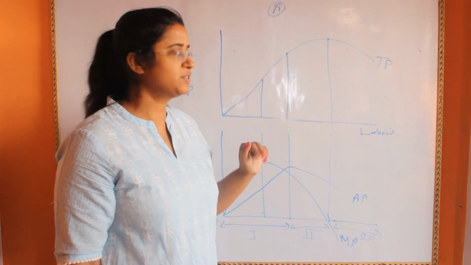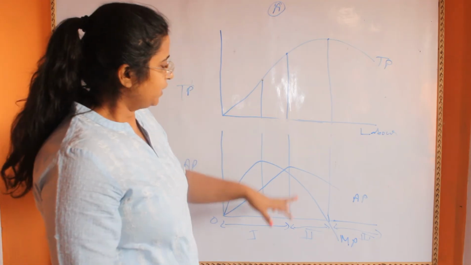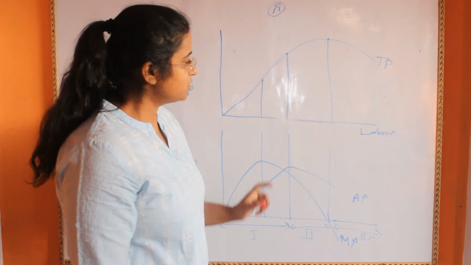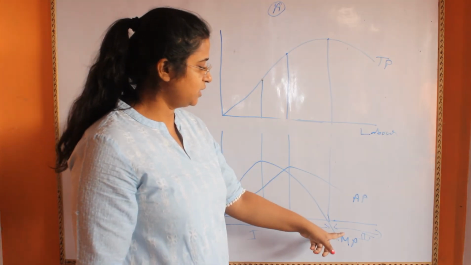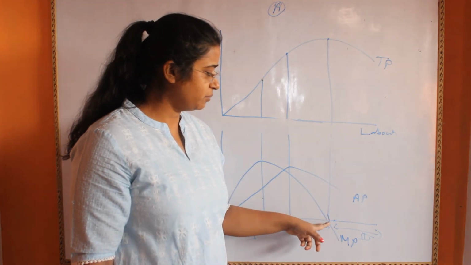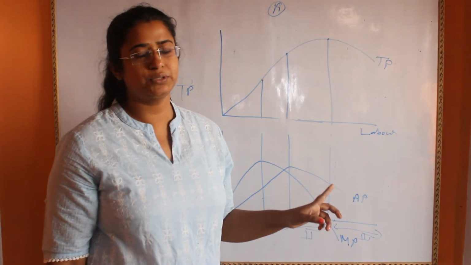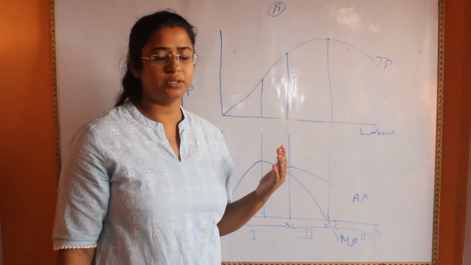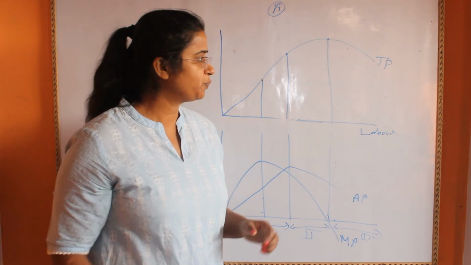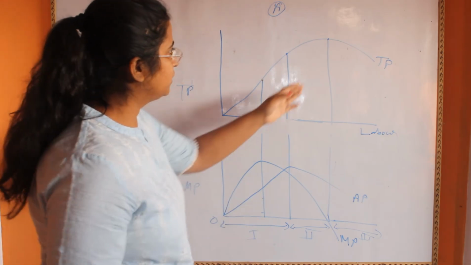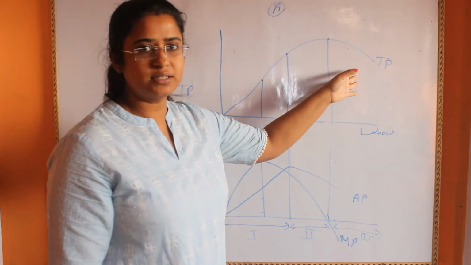So there is a difference between the two. This is the second stage, and the third stage starts when the marginal product of labor becomes zero, and after this the total product starts declining.